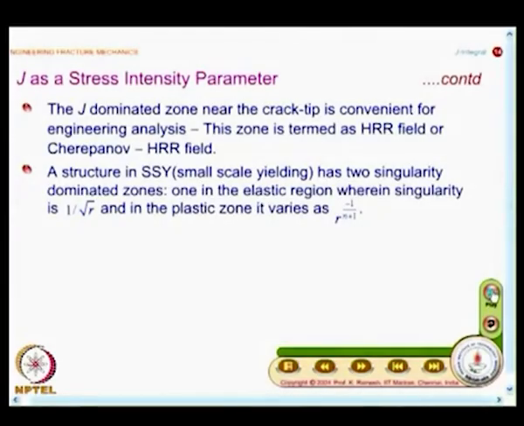It is not that EPFM has solved up to the crack tip, it is only slightly away from the crack tip. You are able to account for a little more plasticity than what you had encountered in linear elastic fracture mechanics.